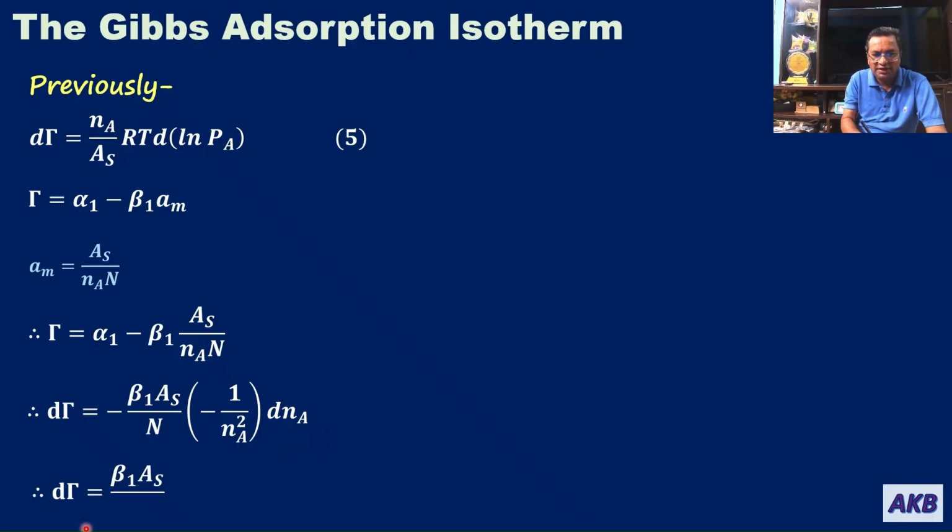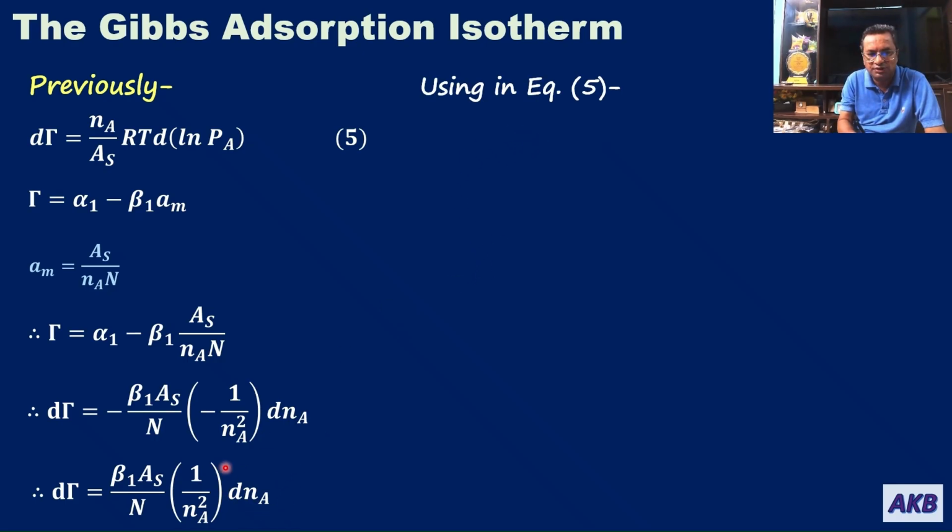So d gamma is beta 1 into As upon capital N into 1 upon Na square into dNa. This negative sign and this negative sign, it becomes positive. So you have beta 1 into As upon capital N into 1 upon Na square into dNa.